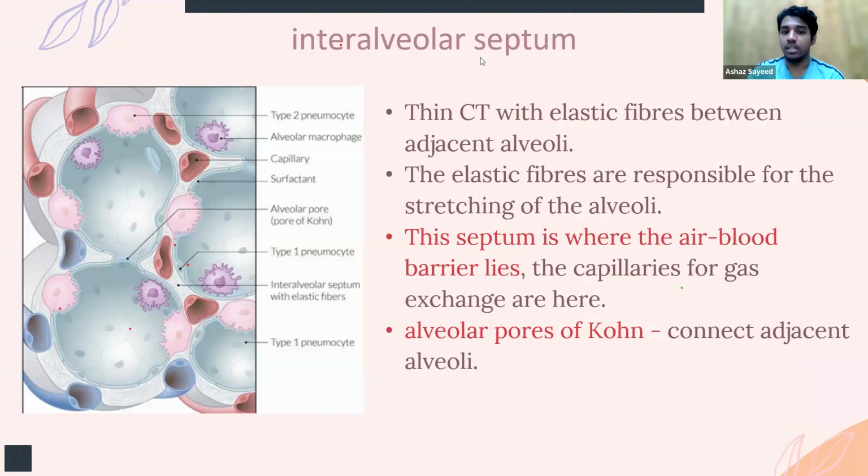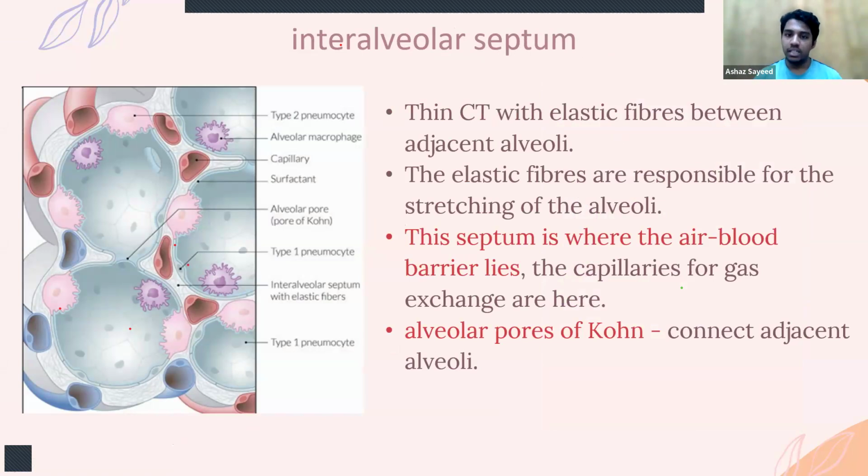Intraalveolar septum. Again, it's a thin connective tissue with elastic fibers between adjacent alveoli. These elastic fibers are responsible for stretching the alveoli because the alveoli don't remain the same size. When you inhale a lot of air, they expand, they become big, like a football. When you put air in a football, it becomes big.